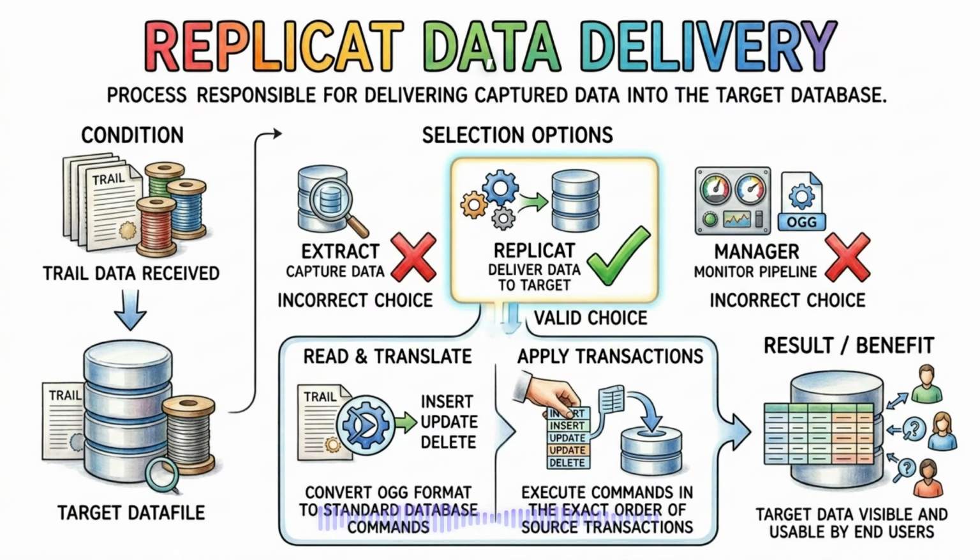It ensures that the exact same transactions that happened on the source system happen in the exact same order on the target system. Understanding the Replicat process is critical because this is where data finally becomes visible and usable to your end users.